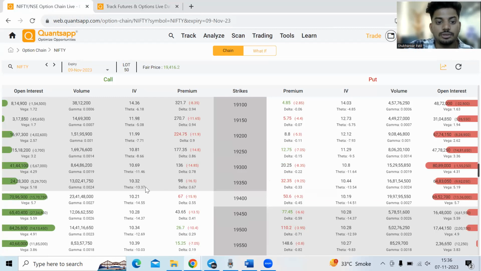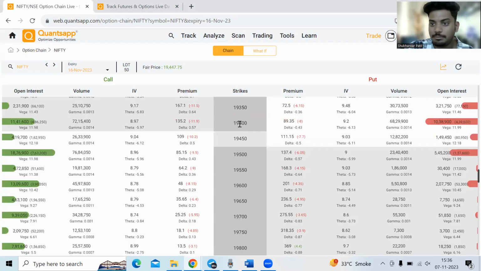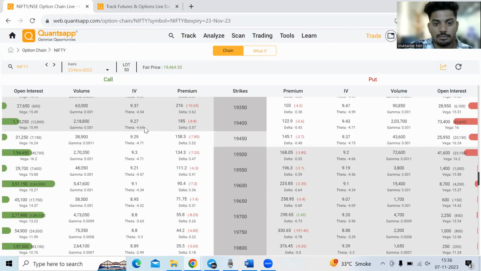Another thing is, if you just observe theta, at 19,400 theta, it's 14.55, right? Now, if you see the 16th November expiry, same 19,400 strike price, theta is 6. If you go further far away to 23rd November, then the theta is 4.